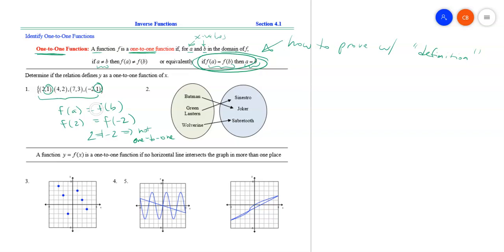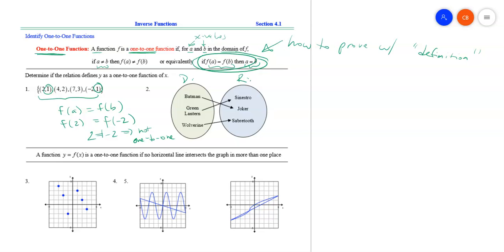I'm writing down the definition, but basically what we're checking for a one-to-one function is that y values do not repeat. That is what gives us something that's one-to-one. And so here we have another relation where this is the domain and this is the range.